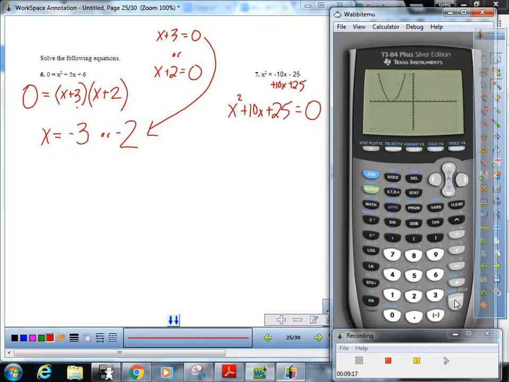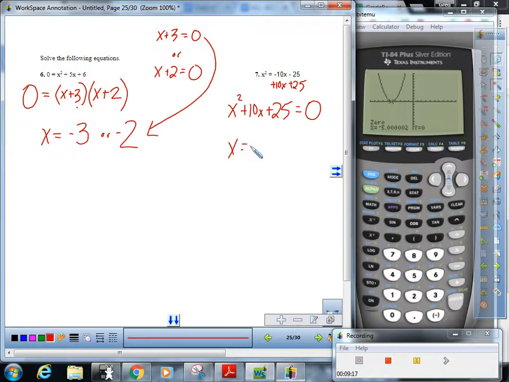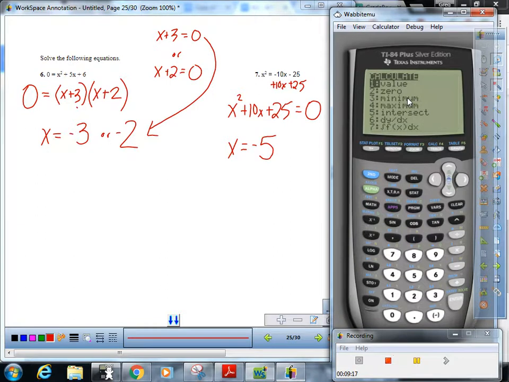Yes. -5.000002 comma 0. So I know that x equals -5. Just to make sure, I'm going to calculate the minimum. That's right. So that is our answer.